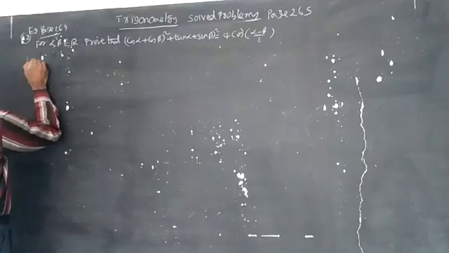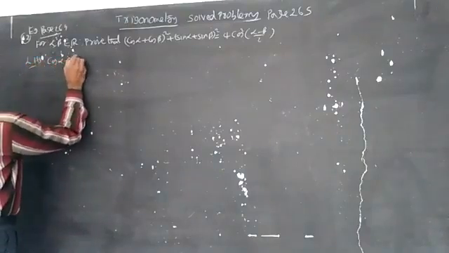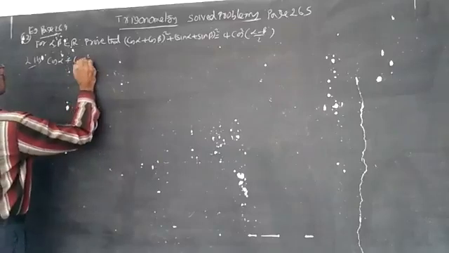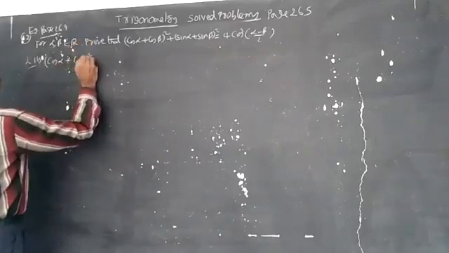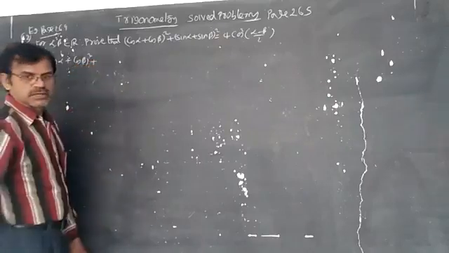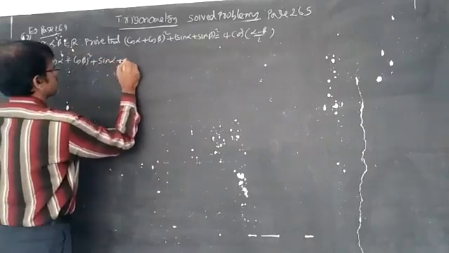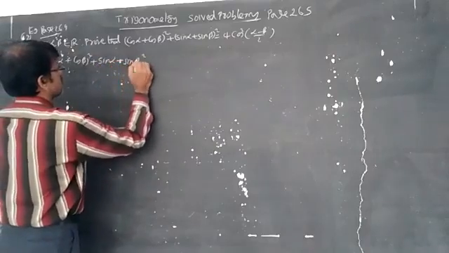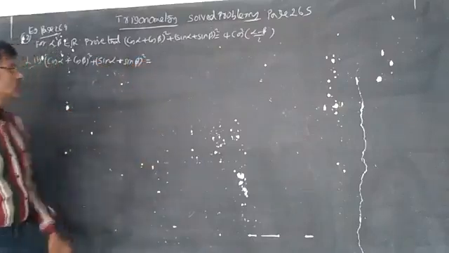Let us take the LHS: (cos alpha + cos beta)² + (sin alpha + sin beta)².